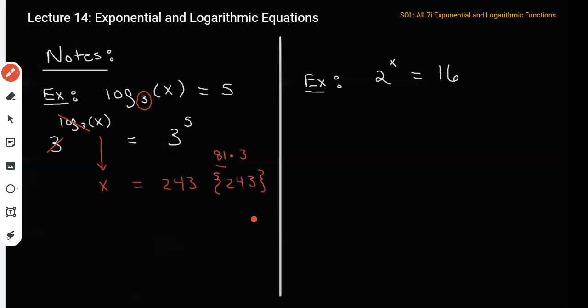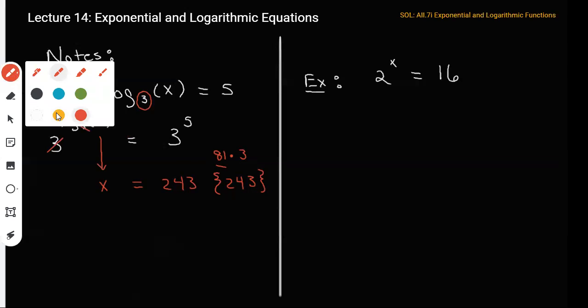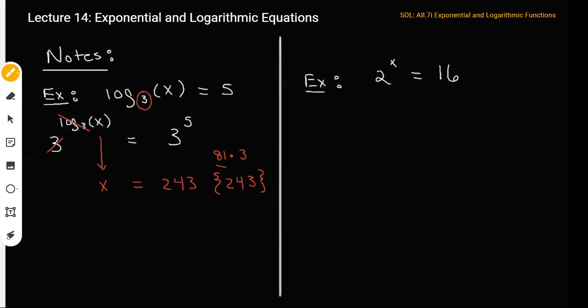Now I want to check it. When I check this, I always start off with my original equation. My log base 3 of x is equal to 5. And what I'm going to do is replace my x with the solution that I just got, the 243. So I get log base 3 of 243 is equal to 5.